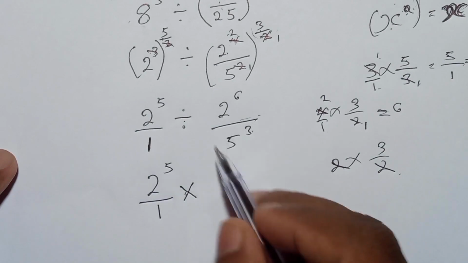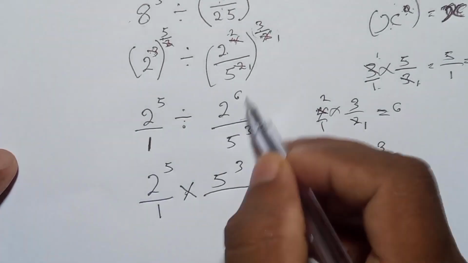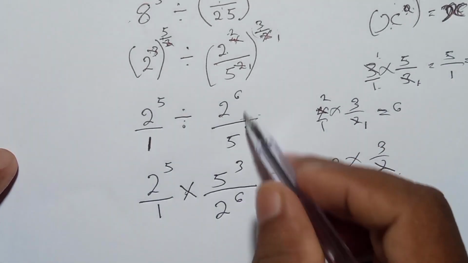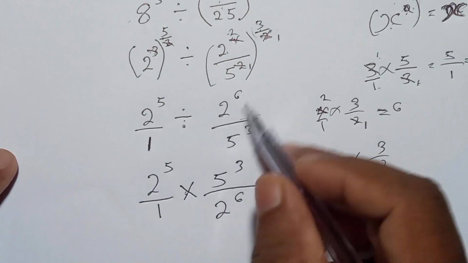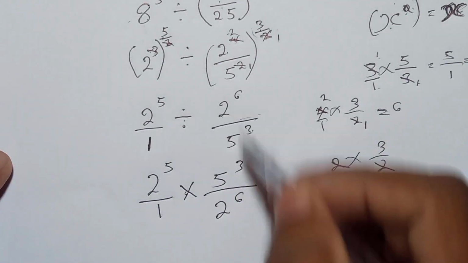Reciprocal means this denominator we write as numerator, 5 to the power 3, and this numerator we write as denominator, that means 2 to the power 6. Basically upside down, numerator to denominator, denominator to numerator.